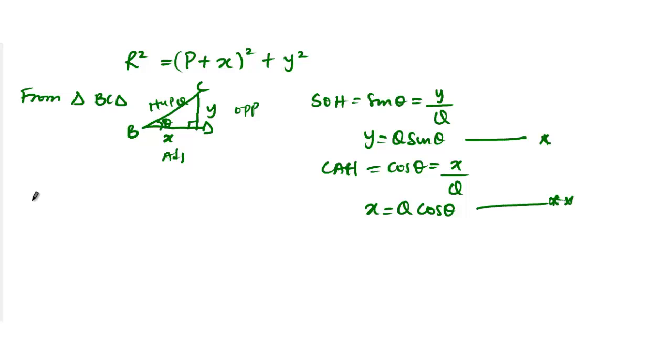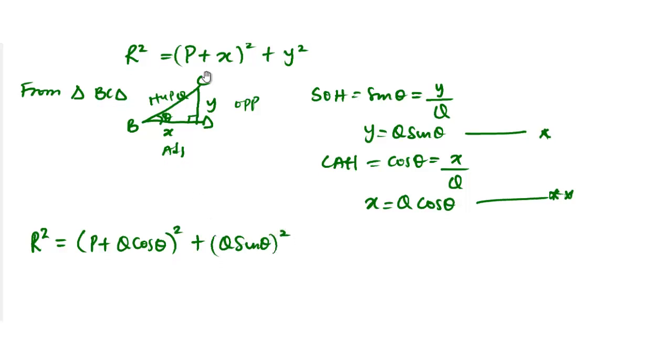So we can therefore say that R square basically will now be equal to P, which we don't know yet, is a vector anyway. So P plus x, that is Q cos theta, then square, plus y square, that is Q sine theta, then square.